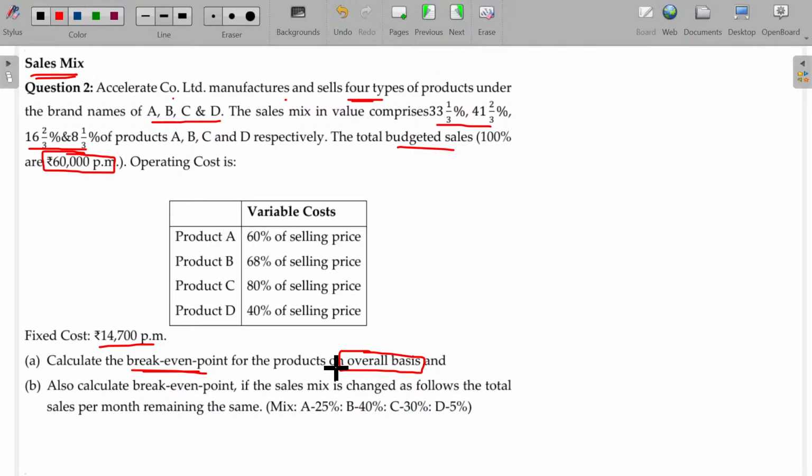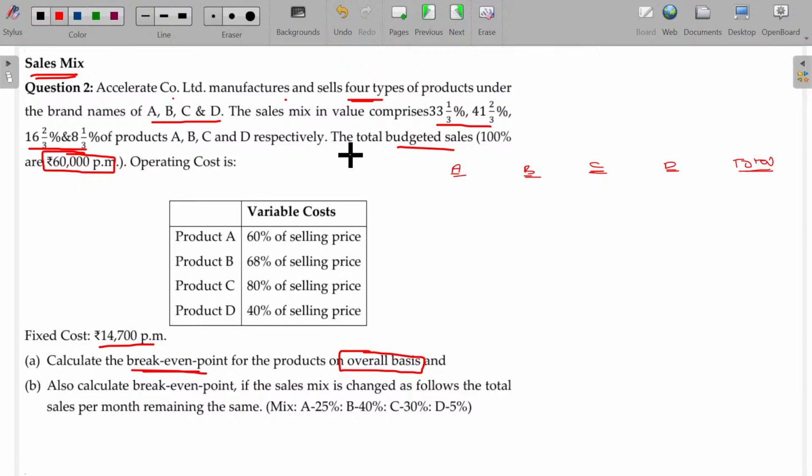Now try to find out the contribution for overall sales 60,000 rupees. Now, what are the products we have? Product A, B, C, D, total.